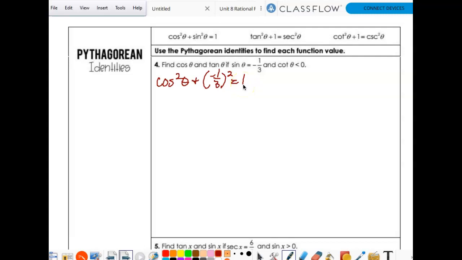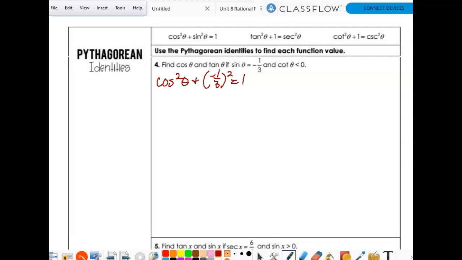So will this give me my cosine when I find this? I'll find my cosine. Need a calculator too. Okay. So this is going to give me my cosine, correct?